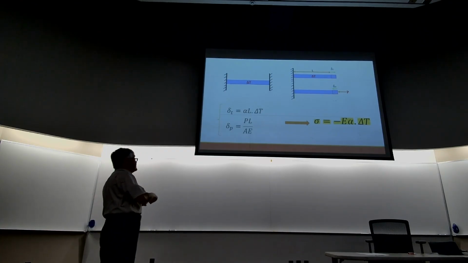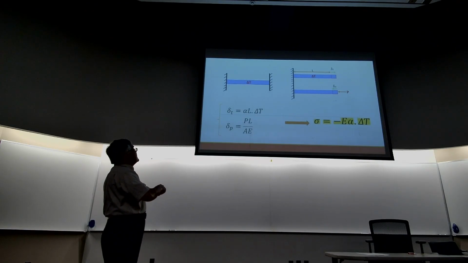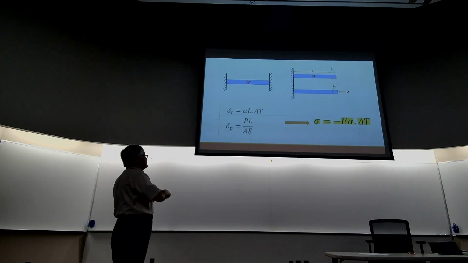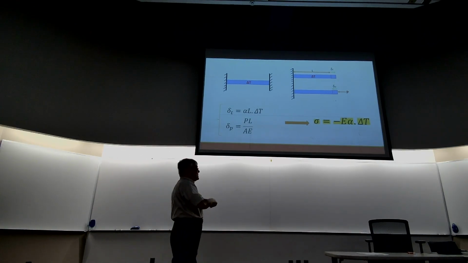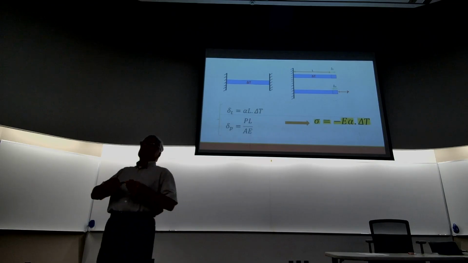And the first equation is what we just looked at, elongation due to temperature change. As you can see, both equations are linear. That means if you double the force from the wall, that will double the elongation.